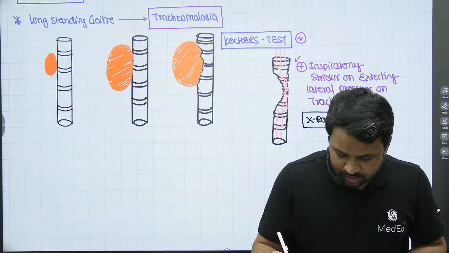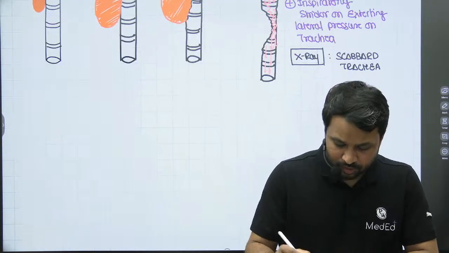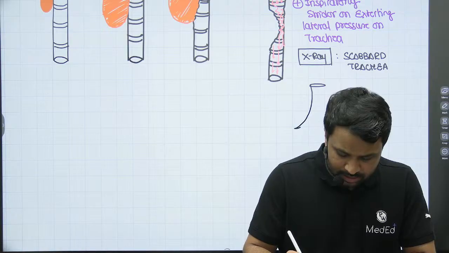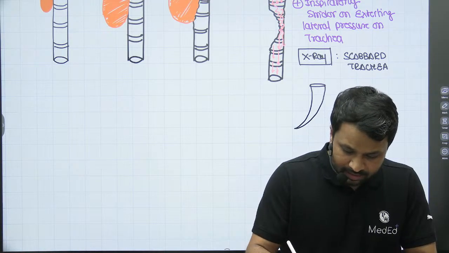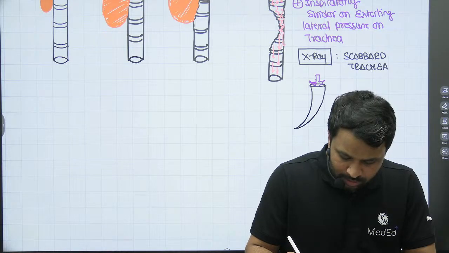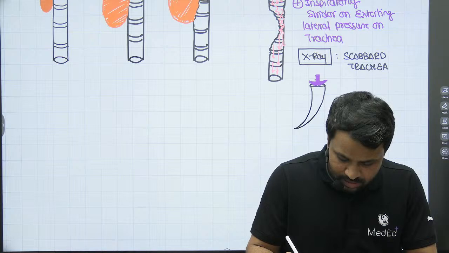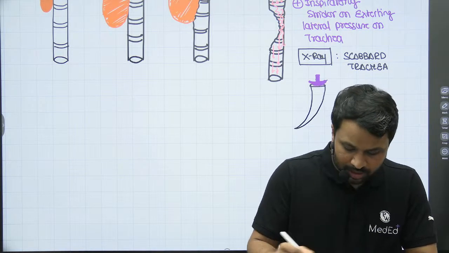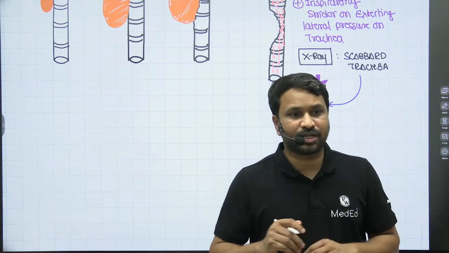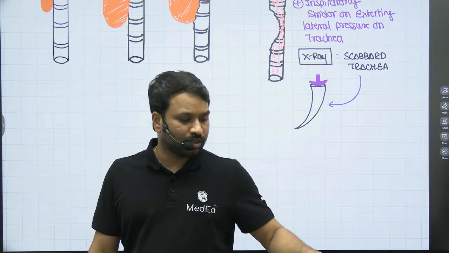The word scabbard comes from the shell in which the knife is kept. In Hindi, what you call म्यान, we call scabbard. So the knife is kept inside this, and the outer covering of the knife is what we call the scabbard. So this indicates the trachea is becoming like this. This is a compressive trachea, so we call it scabbard trachea.